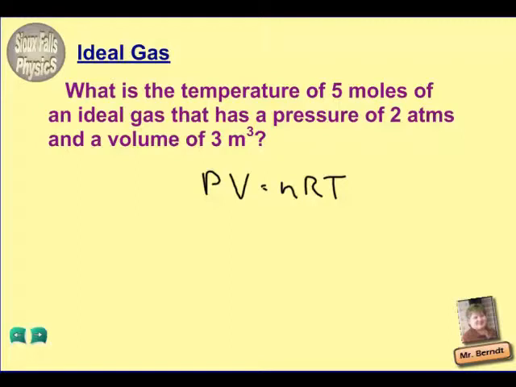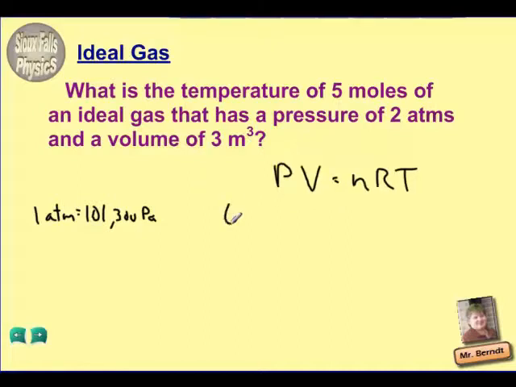To do that, we know that 1 atmosphere is equal to 101,300 pascals. So 2 atmospheres will be 202,600 pascals.